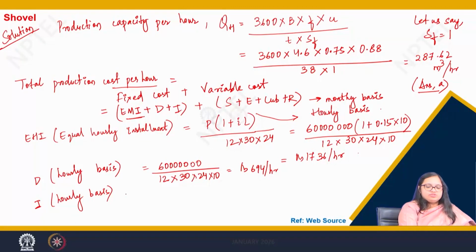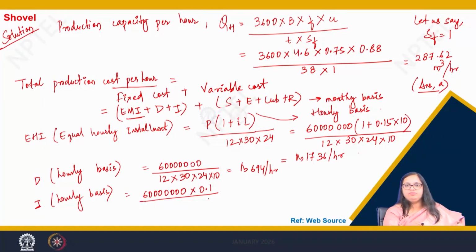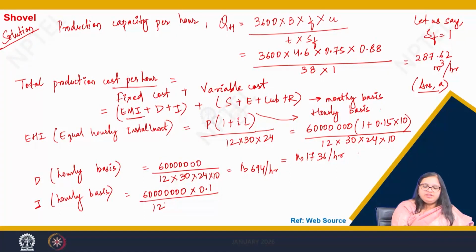So, when we find the insurance value, what is given? It is given as 10% of purchase price per year. The purchase price is 6 crores. So, 6 crores per year multiplied with 0.1, divided by, this is for per year, then per month we divide by 12, then per day by 30 and per hour by 24.